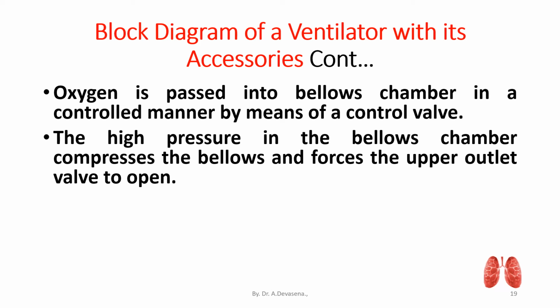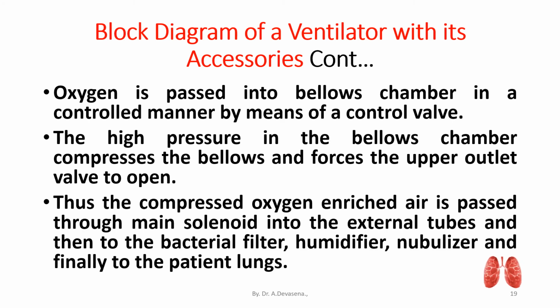The high pressure in the bellows chamber compresses the bellows and forces the upper outlet valve to open. Thus, the compressed oxygen-enriched air is passed through main solenoid into the external tubes and then to the bacterial filter, humidifier, nebulizer, and finally to the patient's lungs.